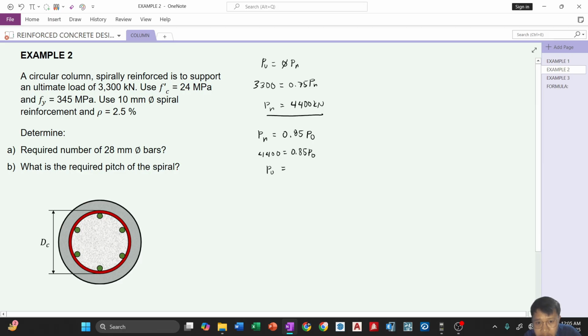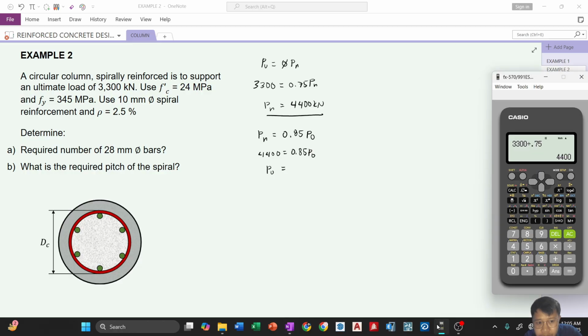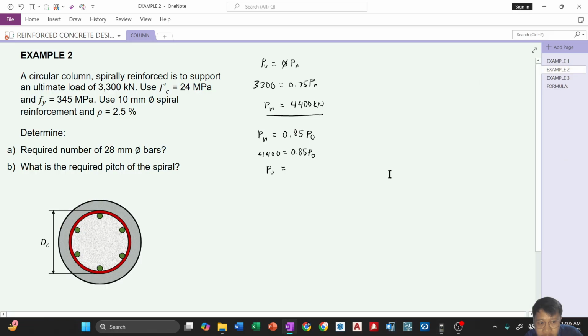And our P sub 0 here is equal to 5176.47 kilonewton.